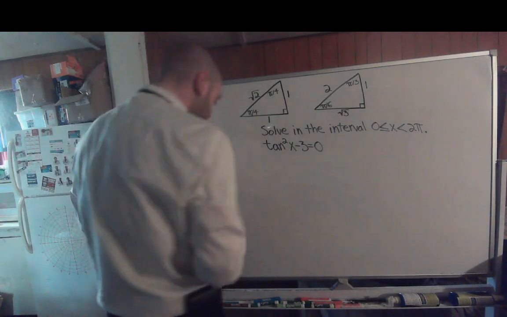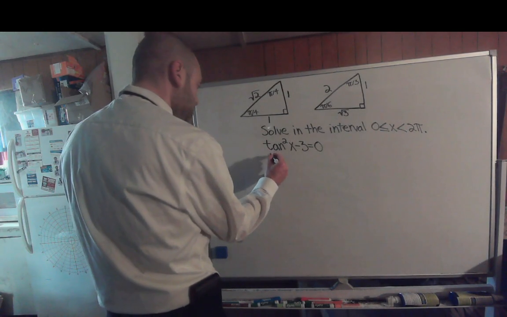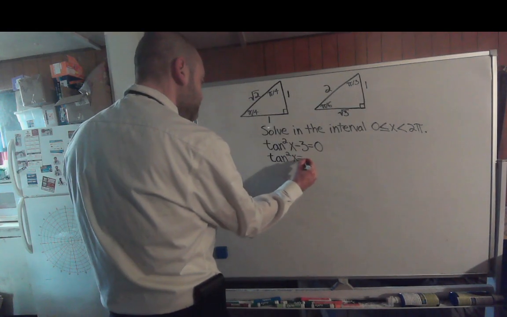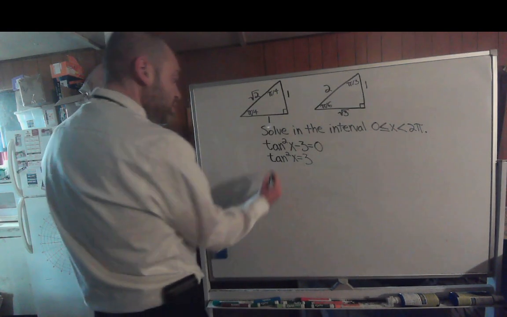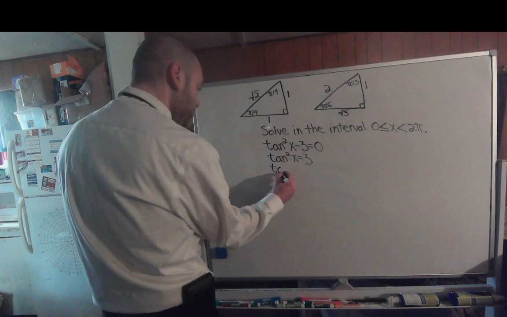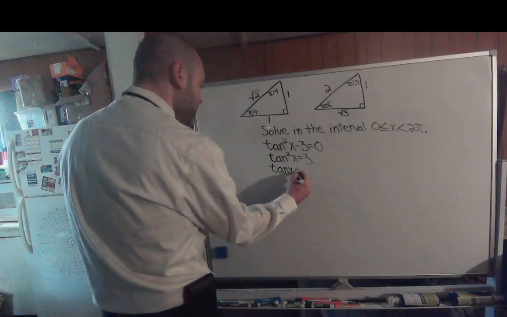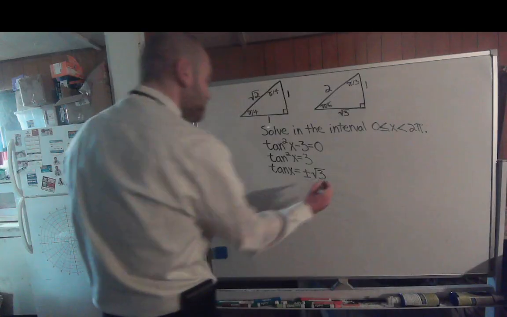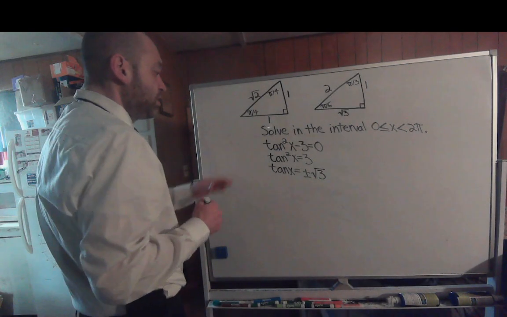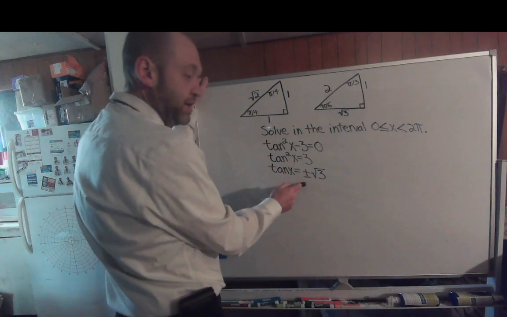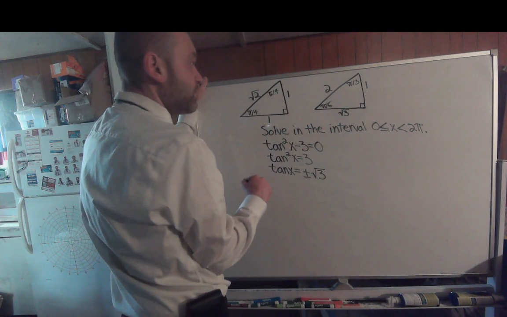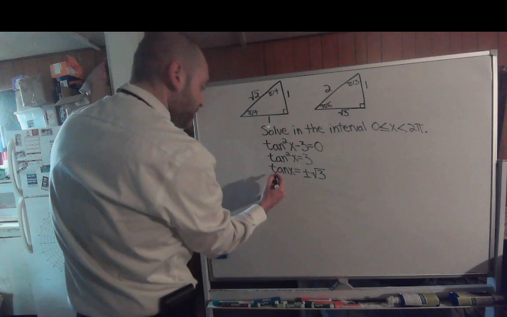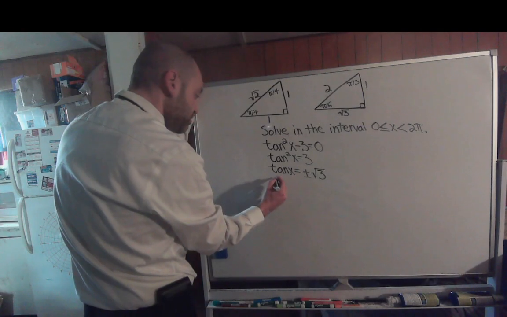Well, this could simplify into the tangent squared of x equals 3, which would then mean that the tangent of x would equal both plus and minus the square root of 3. Well, where does the tangent equal either plus or minus the square root of 3? That's going to be at multiples of pi over 3, right? For the interval 0 to 2 pi.